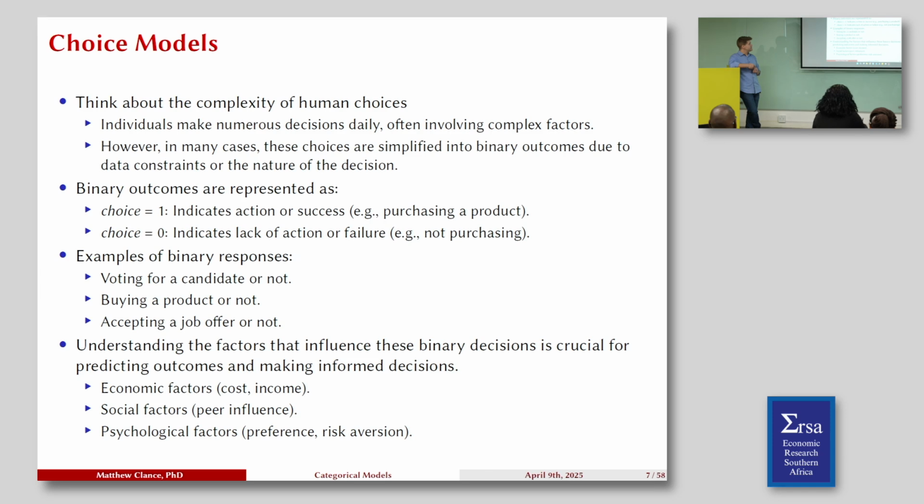However, these choices have to be simplified into a binary outcome because I can't see things that may be determining why you're choosing that particular choice. So these are basically constraints on the amount of information I know about you, or just the nature of the decision. So you've all been through classes that basically talked about utility.